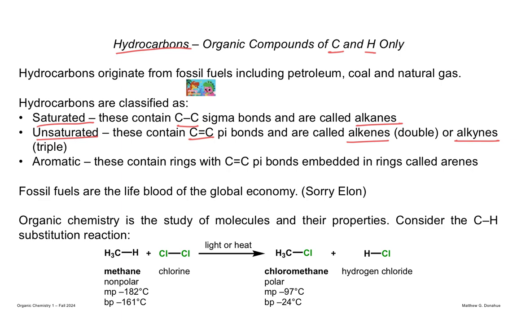And as I said, aromatic compounds, which are more the focus of organic chemistry 2, those have a ring. A ring is unsaturated, but it has no pi bond. And we'll talk about unsaturation today, what that term means and how we identify it. But an aromatic compound has a ring and pi bonds.